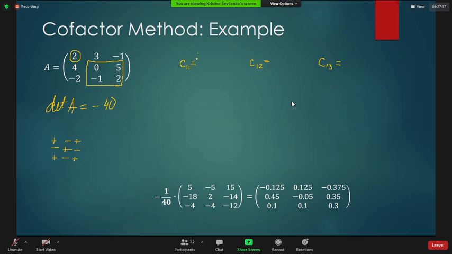So this cofactor is 0, 5, minus 1, 2. And actually, it is 0 minus negative 5. It is 5. It's not 6. 5, not 6. C12 is in the minus position. So we have to write minus minor.